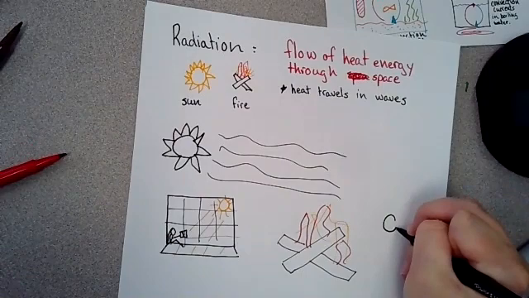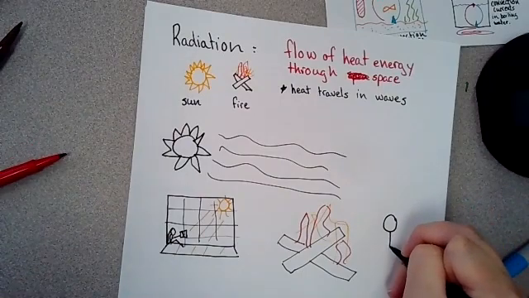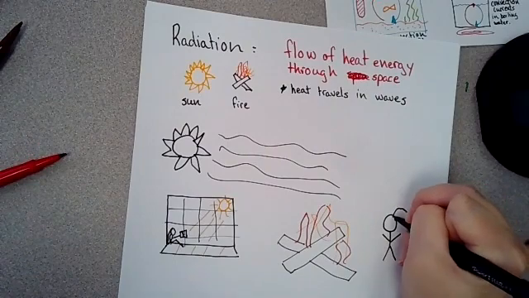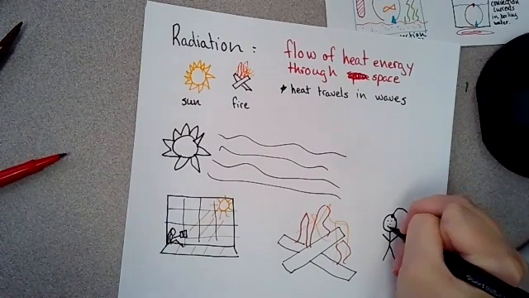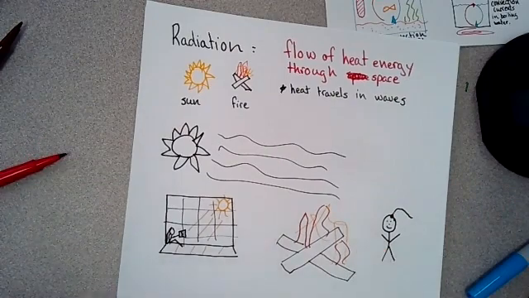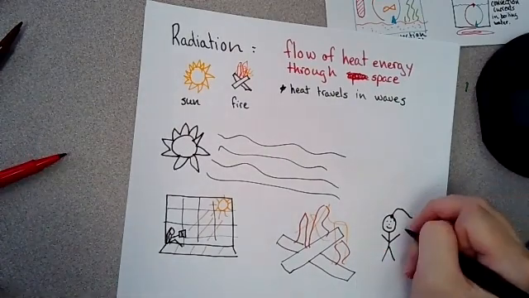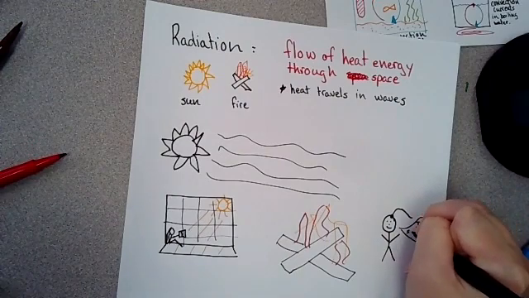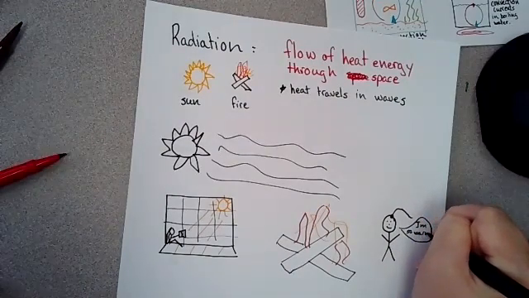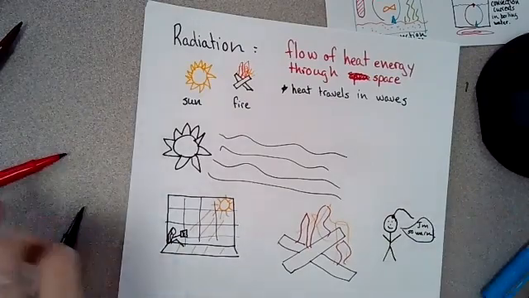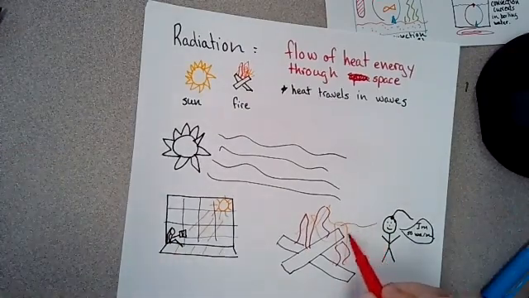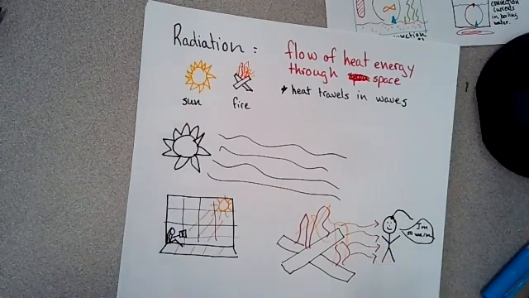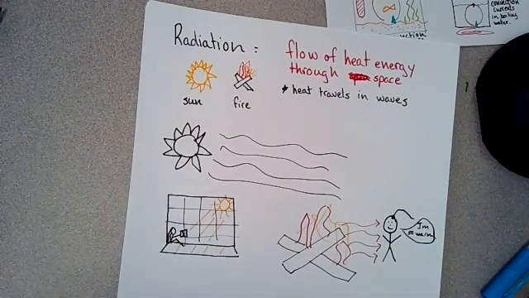We'll say this is Miss Cahoon, with a little ponytail because she's so cute. She's not even touching the fire, and she still says, I'm so warm. And she is warm because the heat is radiating through the air. That's the verb. The heat is radiating over to her, so she doesn't have to touch it.